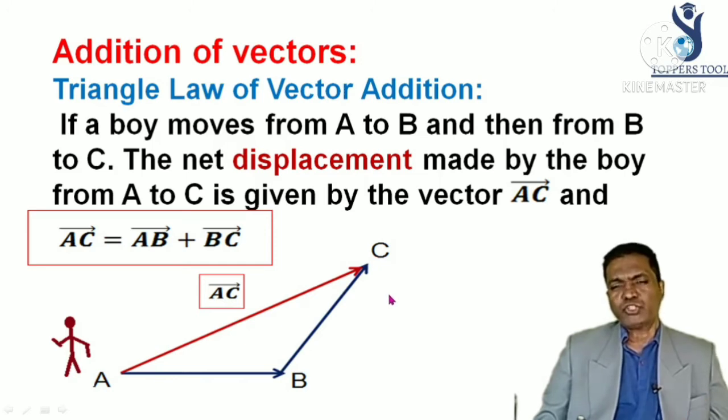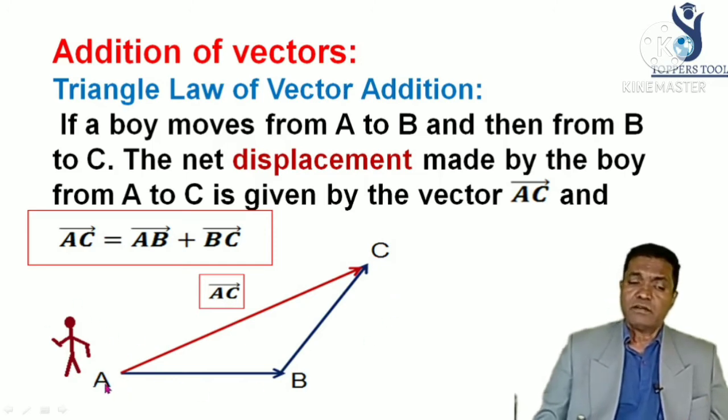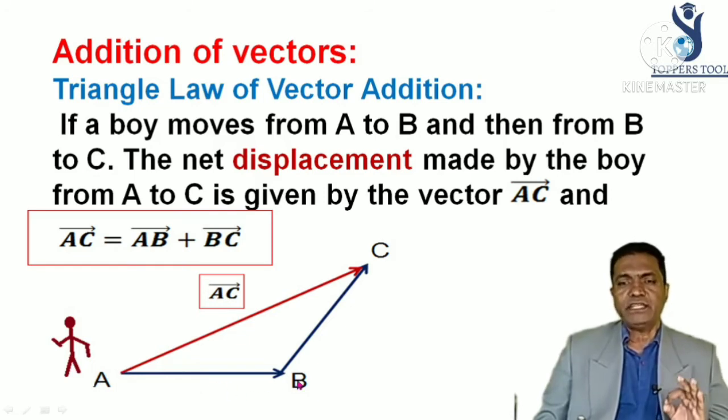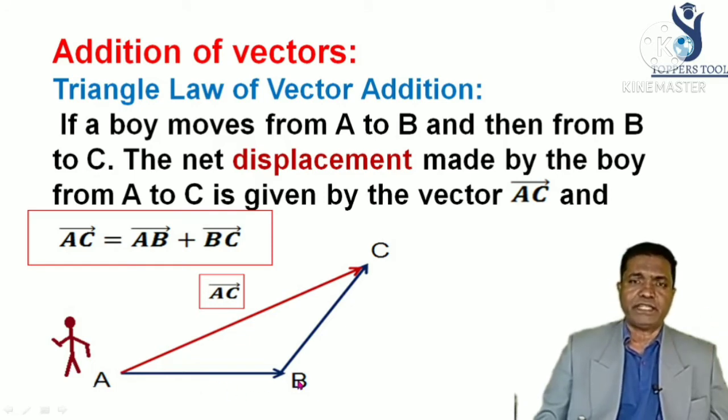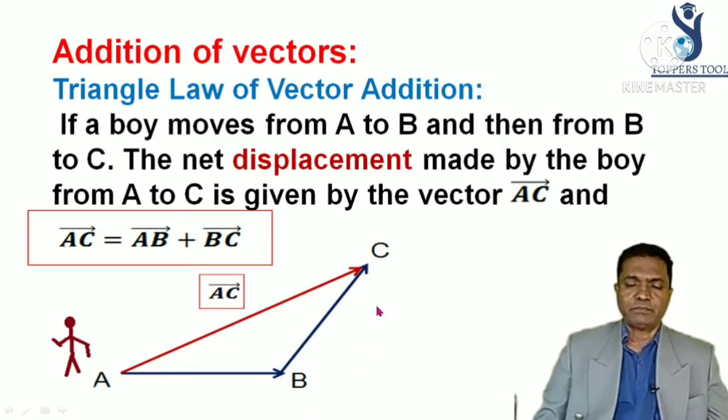So what it practically means, see here, if a boy is moving from A towards point B, he moves from A to B. It is his first displacement, and after that he moves in this direction and reaches the point C. So it is his second displacement.